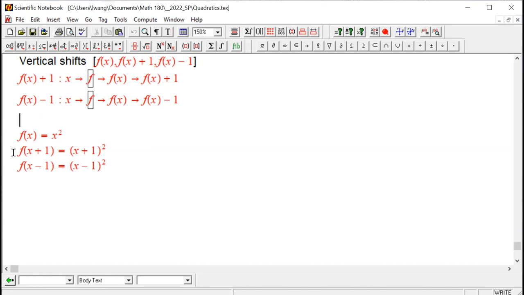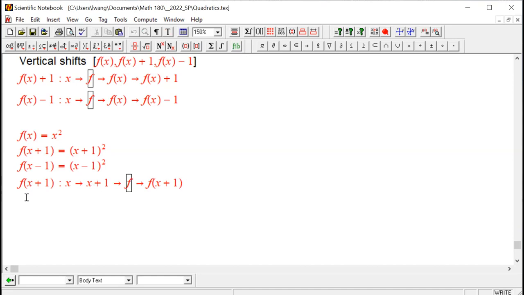What is the flow here? The flow here is that we choose our input, and input plus 1 before the function is applied to the input. As a result, this is going to get us f of x plus 1. You can see that process is very different, right?